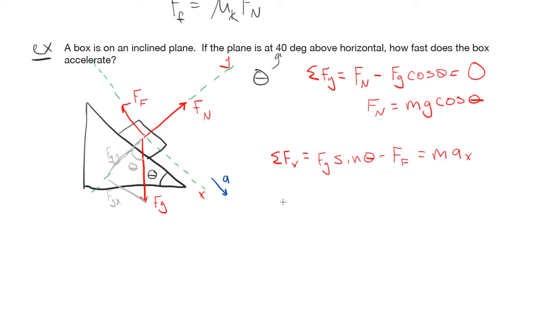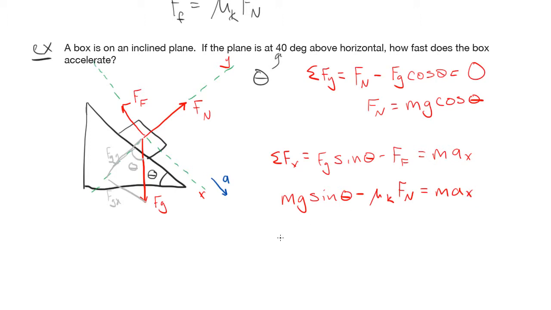If I write these terms down then, force due to gravity is mg times sine of theta, minus force due to kinetic friction in this case, so it's mu sub k times the normal force. That's equal to mass times acceleration in the x direction.